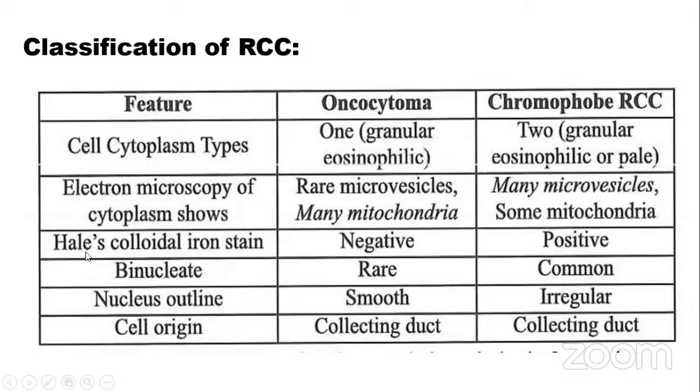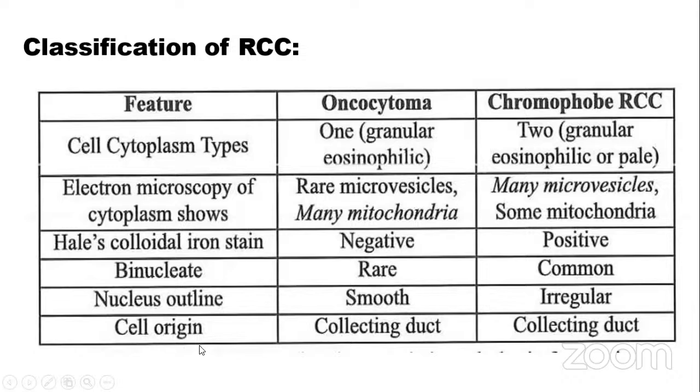Also, oncocytoma has negative Hale colloidal iron stain, compared with chromophobe RCC, which has positive Hale colloidal iron stain. Binucleate cells are usually common in chromophobe RCC, compared with oncocytoma, which has rare binucleate cells. The nuclear outline is smooth in oncocytoma and irregular in chromophobe RCC.